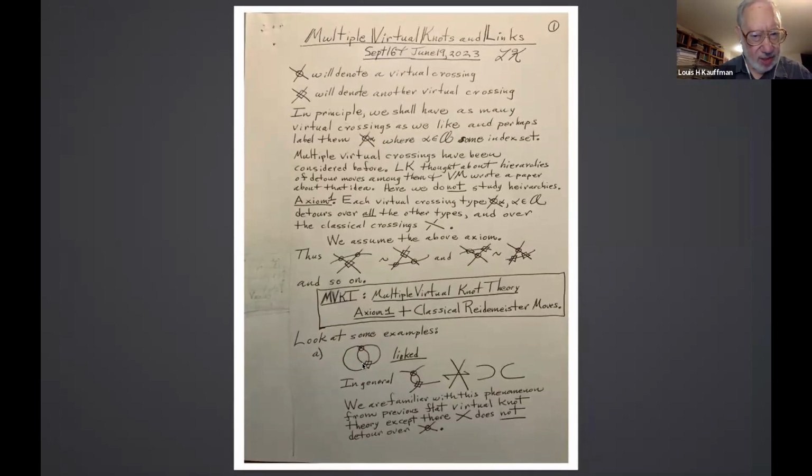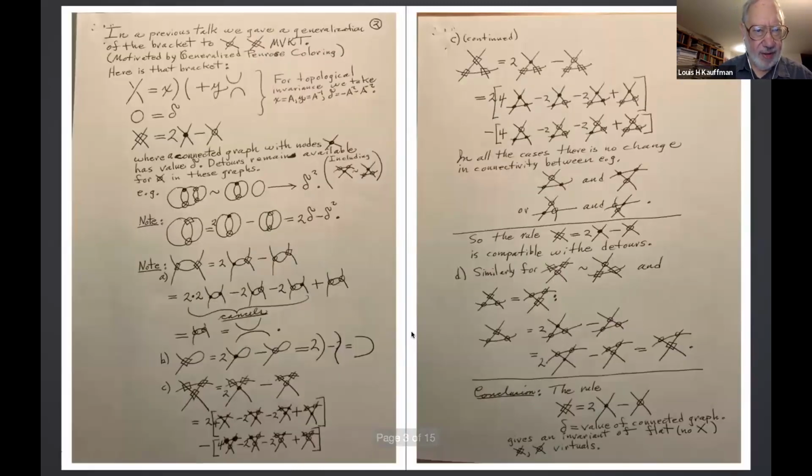I only use a detour for one. A detour means a consecutive sequence of virtual crossings of a given type. Then you can move it. You don't get to detour multiply. All right. In general, if you had one type and another type, you don't get to do a detour there. Just detours within each virtual crossing type. So that defines, in general, a virtual knot theory that is going to be of interest.